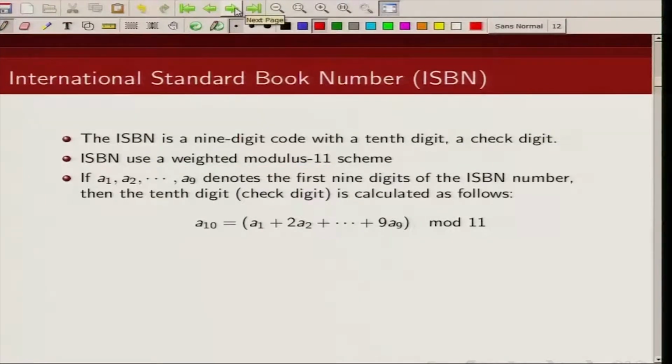Let us denote the 9 digits of the ISBN number by A1, A2, A3 up to A9. Then the 10th digit is calculated as follows: A1 plus 2 times A2 plus 3 times A3 plus 4 times A4 up to 9 times A9, modulus 11, will give us the 10th digit. So, the 10th digit is actually a check digit.